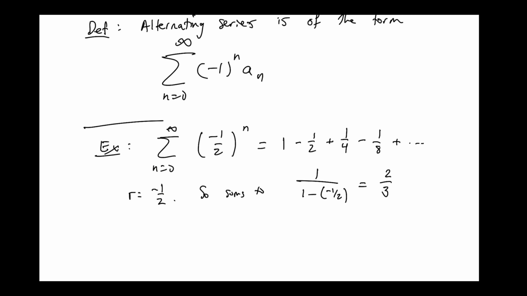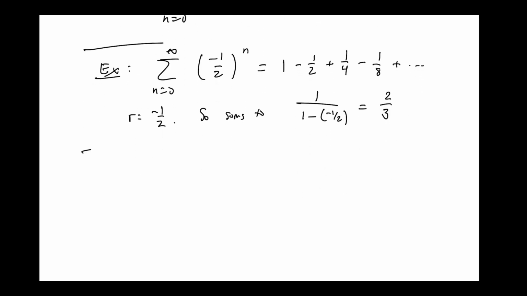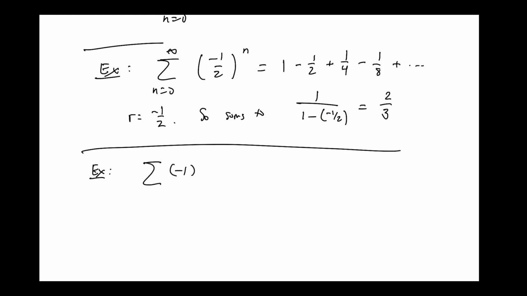So now what we want to do is, what happens if we have just any old series? Let's look at another example. Let's look at this series, -1 to the n plus 1 times 1 over n.